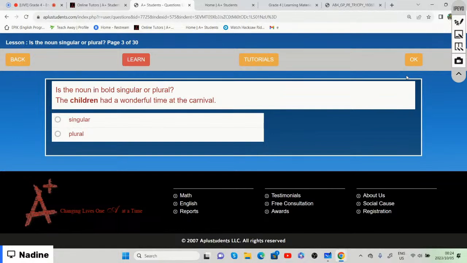So if it refers to more, do we call it singular or do we say it is plural? Because more is correct, but do we say it is singular or do we say that is plural?